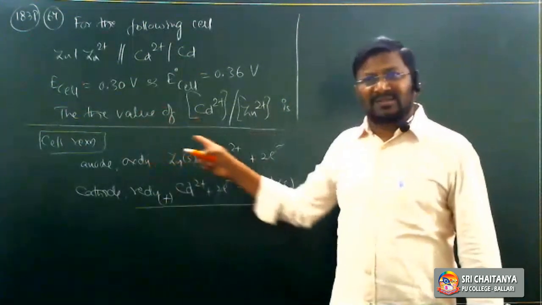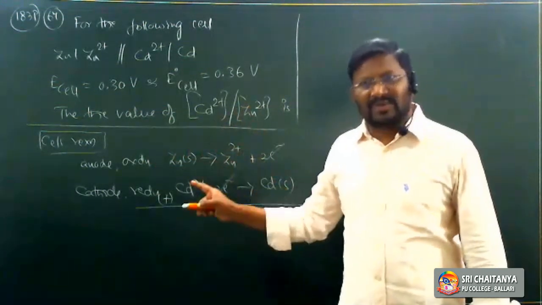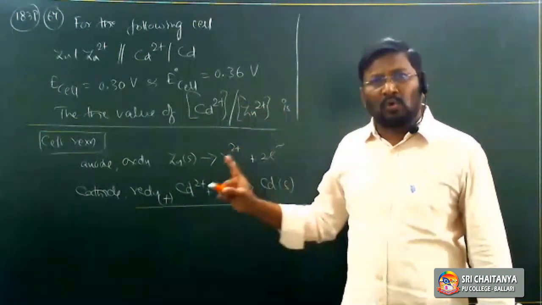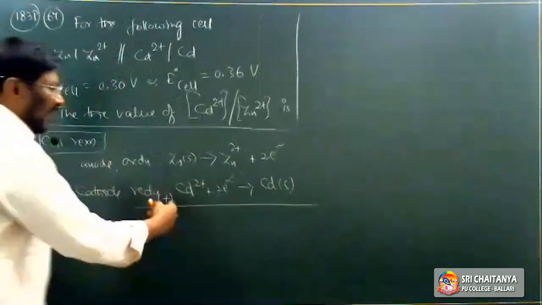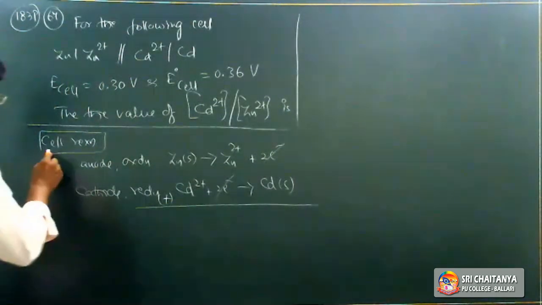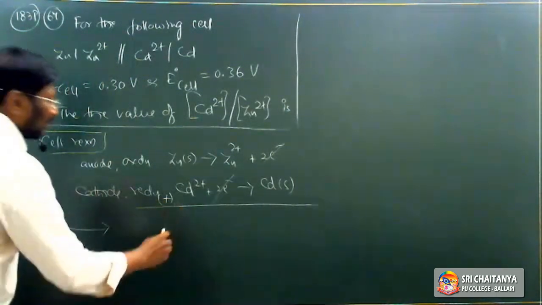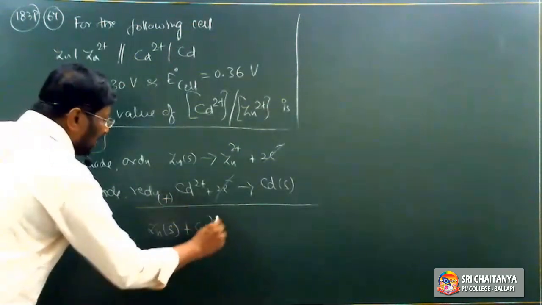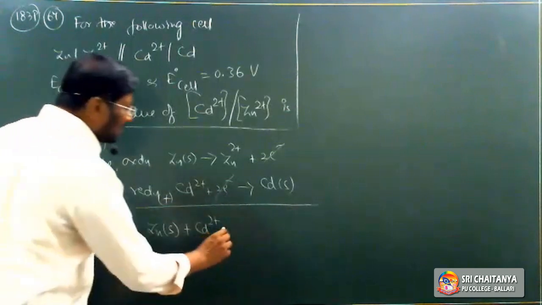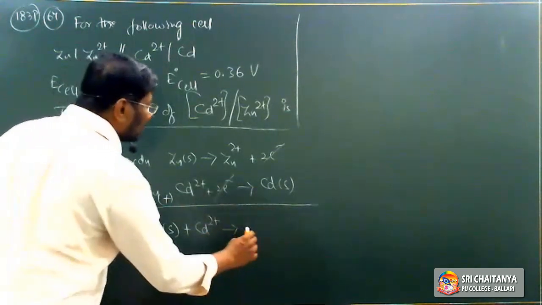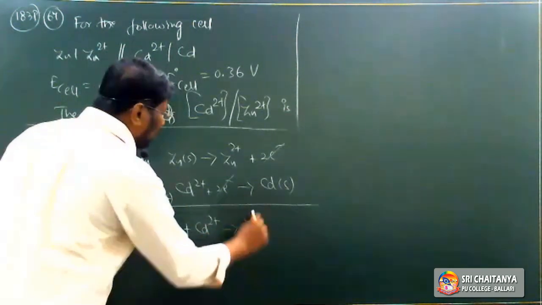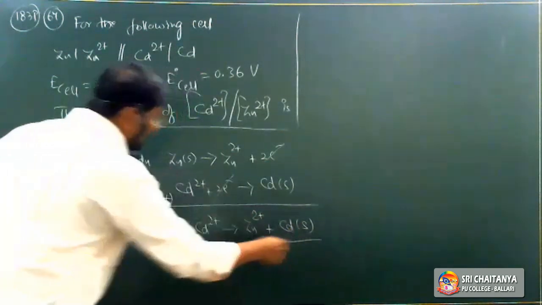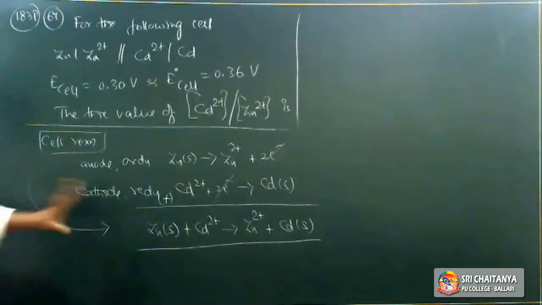It is a balanced equation, and the number of electrons in transfer is 2. So the net cell reaction: Zn solid plus Cd2+ gives Zn2+ plus Cd solid. This is the net reaction.